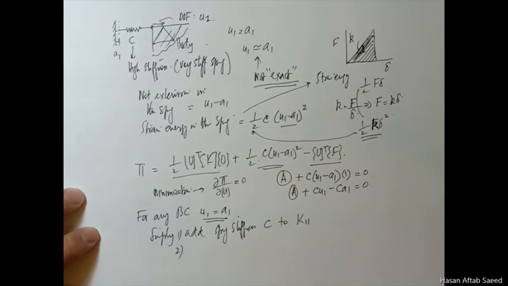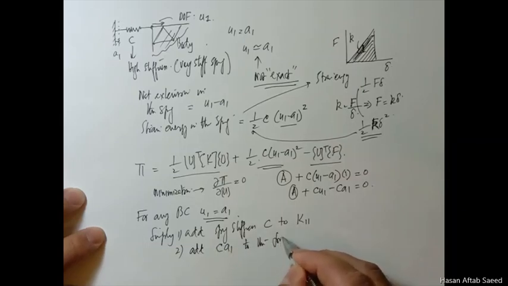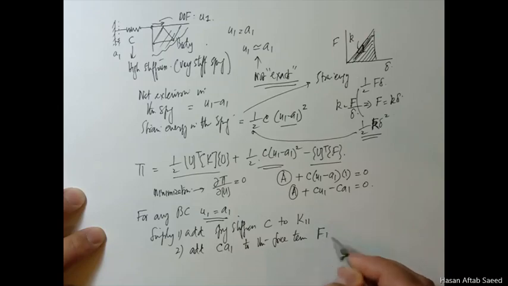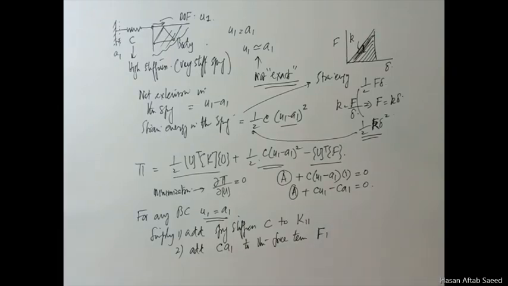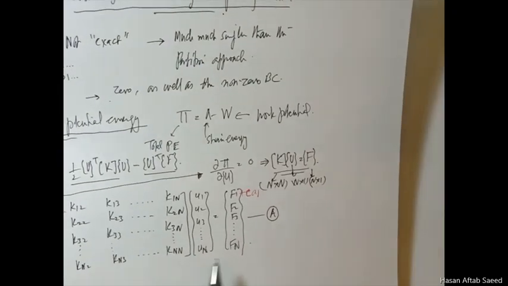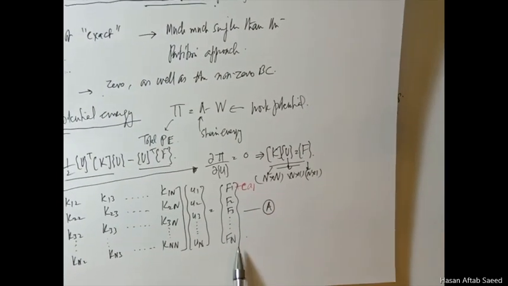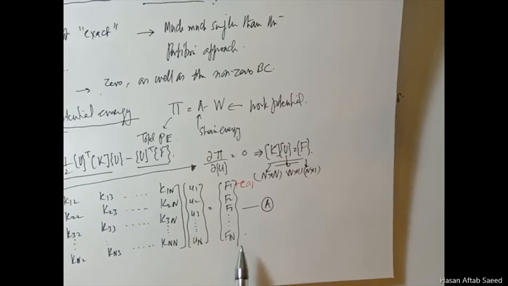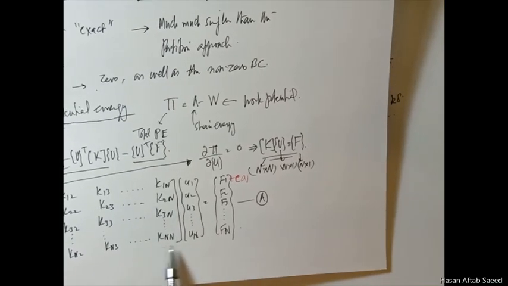Number 2, add CA1 to the force term F1. Similarly, if it was, for example, F2 or Fn, whatever, then you would have added CAn to this. But in that case, C would have been added to this one.